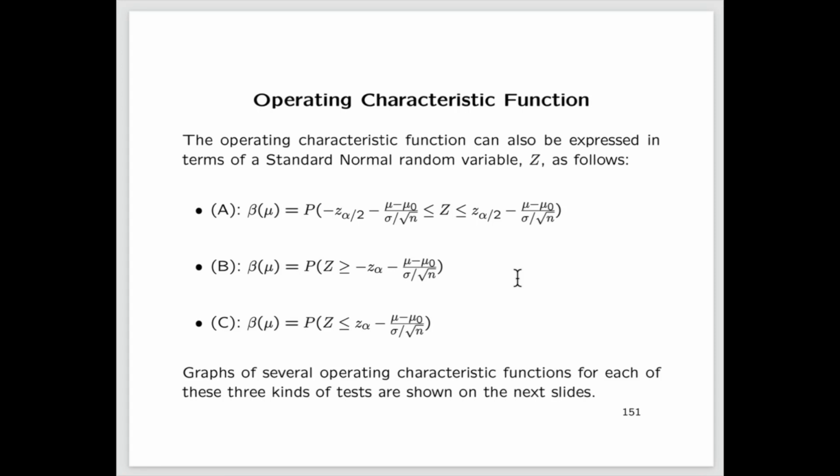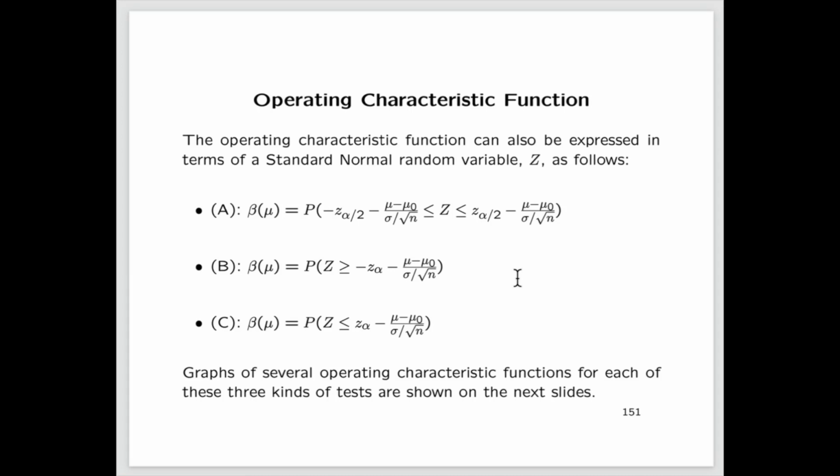But usually for a given situation, the significance level is fixed, the hypothesized value of the mean is fixed, the standard deviation of the population is at a particular level that has been determined, and the sample size is fixed as well.